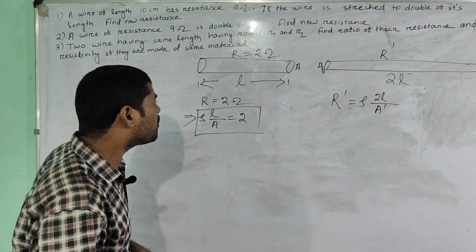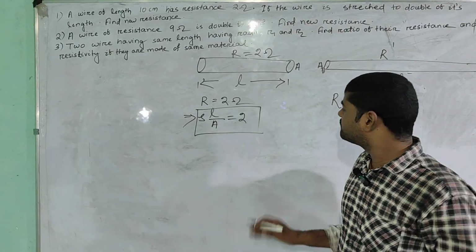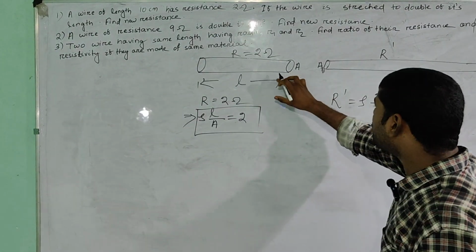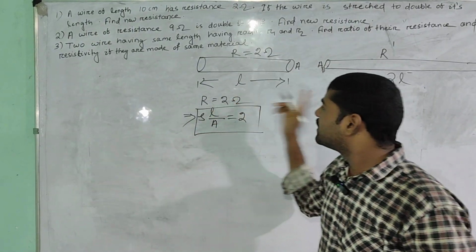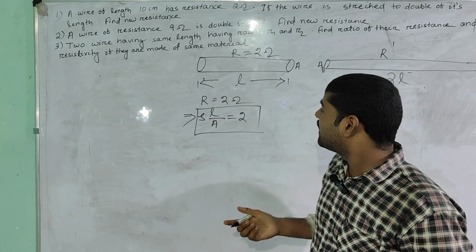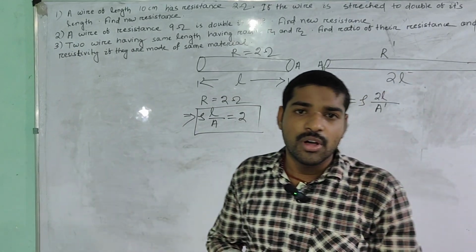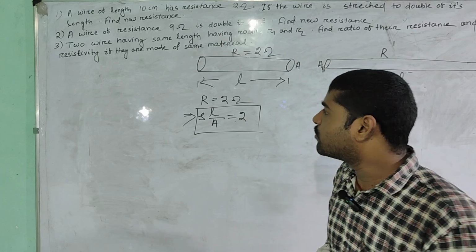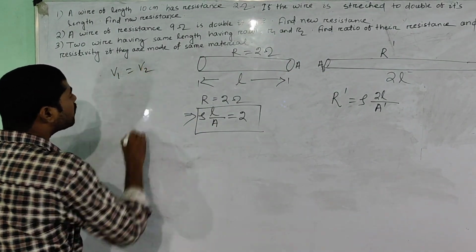Okay, so now the volumes of these two cases are equal because this is the same wire. So we can apply the conservation of volume. We can write V1 equal to V2.